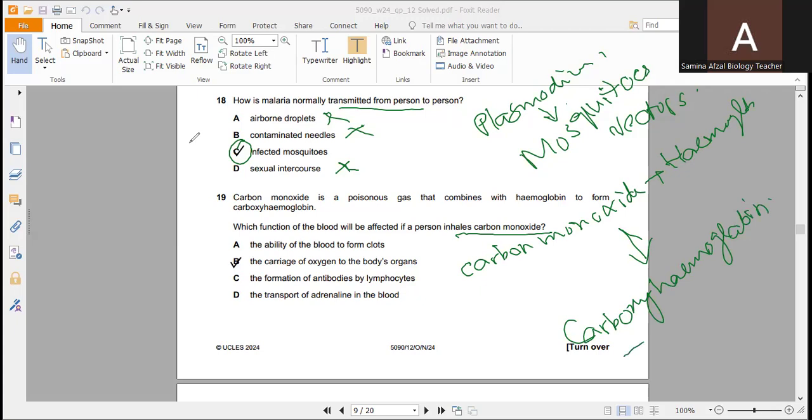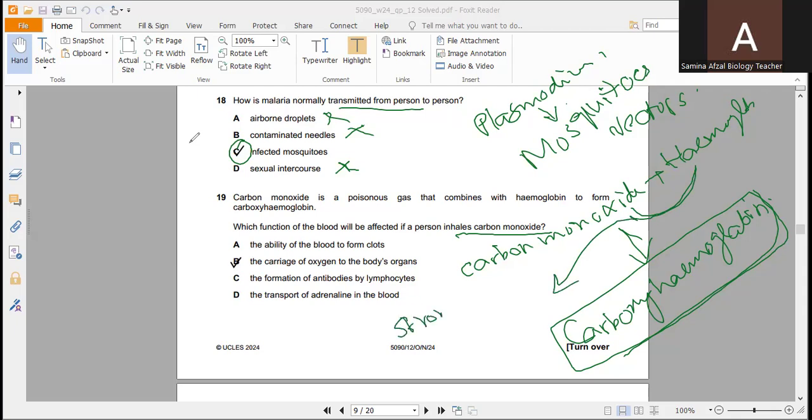The formation of carboxyhemoglobin means the bond formed between carbon monoxide and hemoglobin is very strong, an unbreakable bond. Due to this, the hemoglobin will be unable to carry or transport the oxygen.